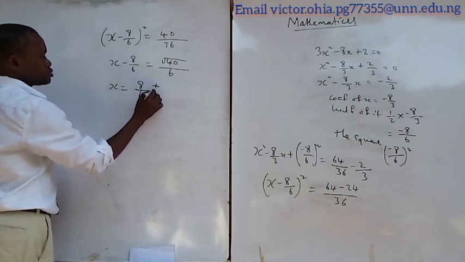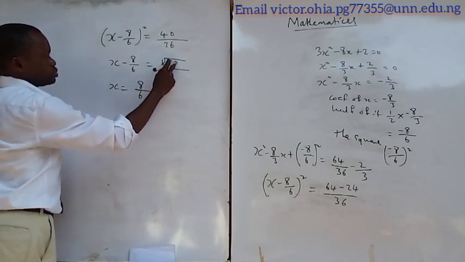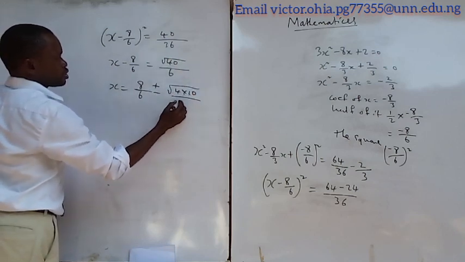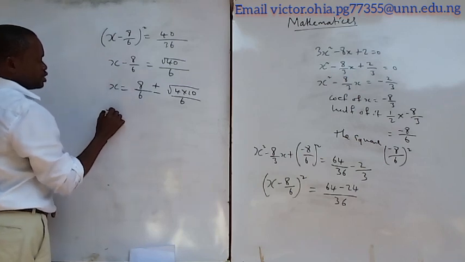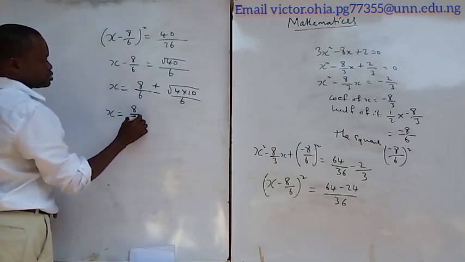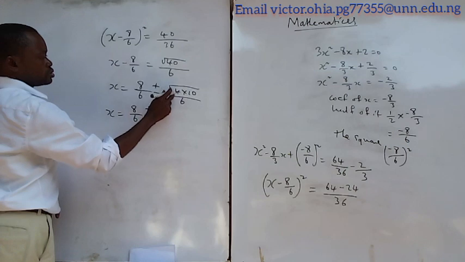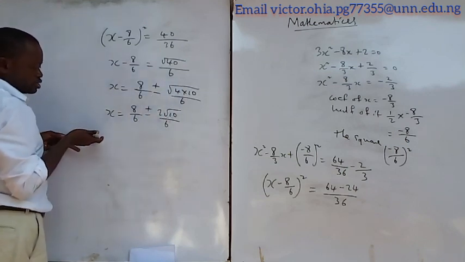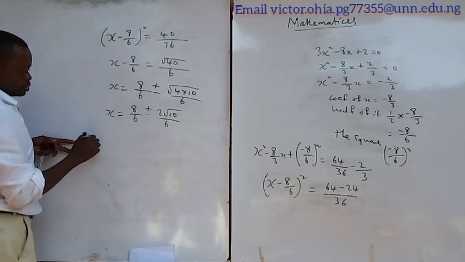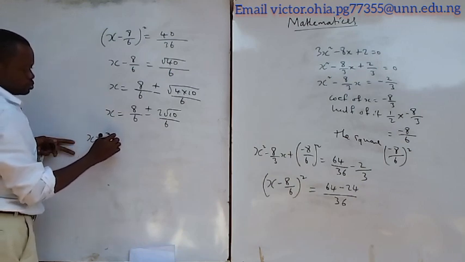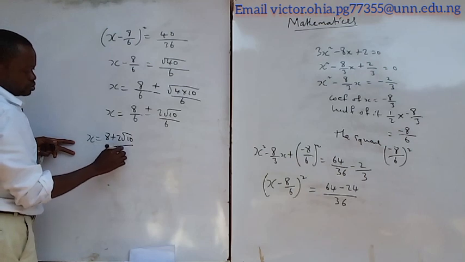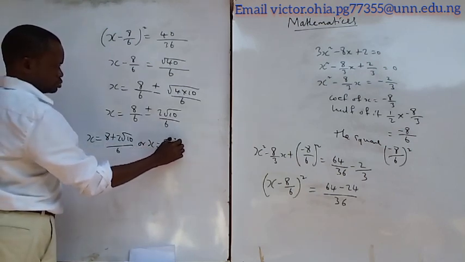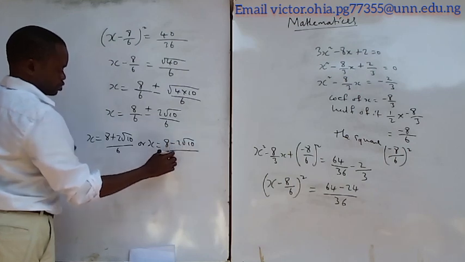I'm either adding or subtracting. So this thing is 4 times 10 over 6. So I have x equals to 8 over 6 plus or minus, this is 2 root 10 over 6, which I can now express in two factors as x equals to 8 plus 2 root 10 over 6, or x equals to 8 minus 2 root 10 over 6.